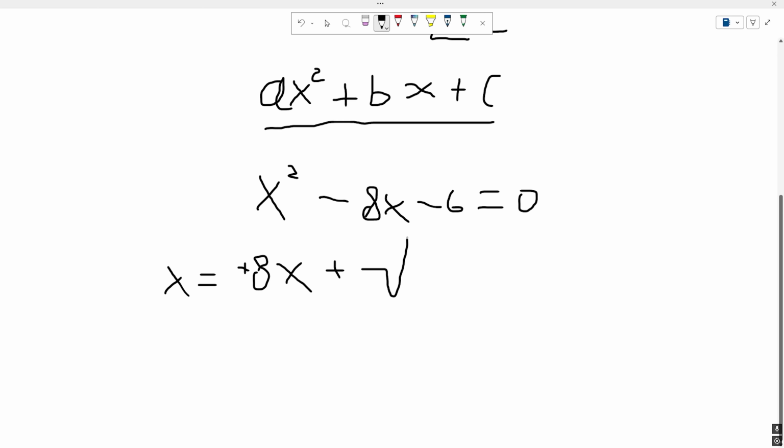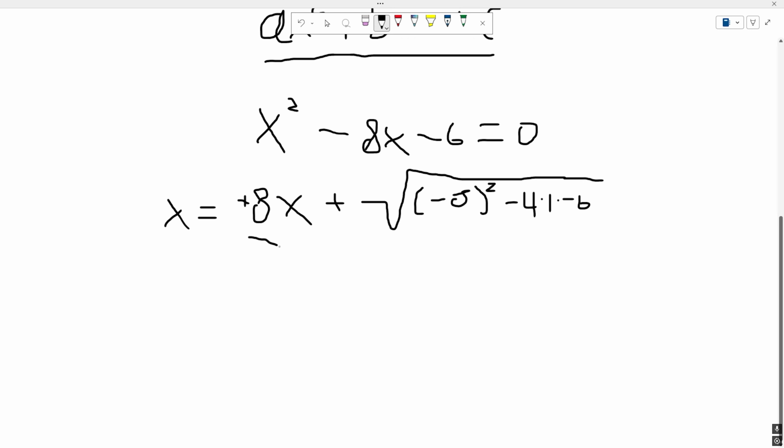So plus the square root of b squared, so negative 8 squared, minus 4 times a times c. So 4 times 1 times negative 6. And then that's all over 2 times a, which is 2 times 1.